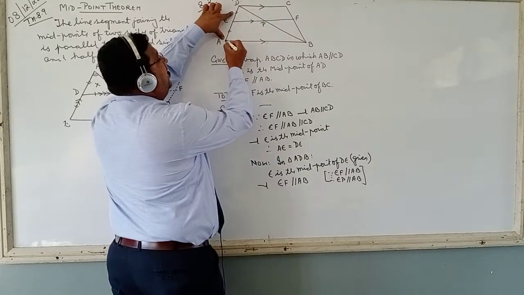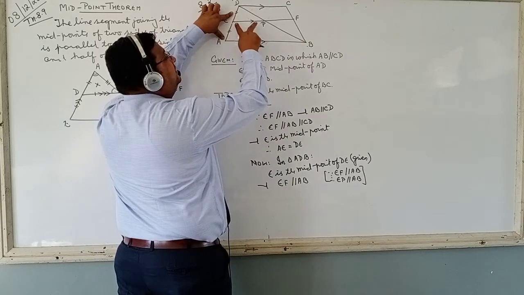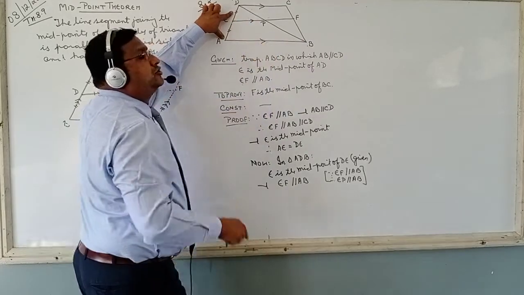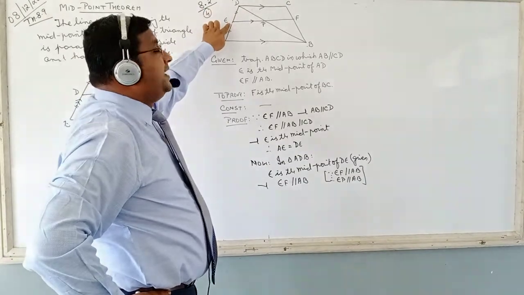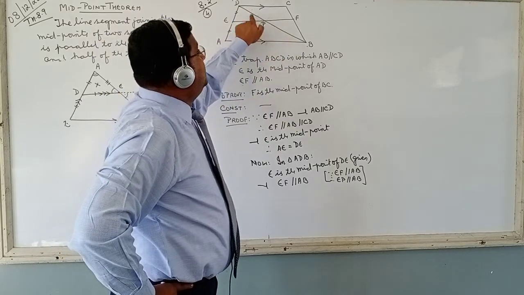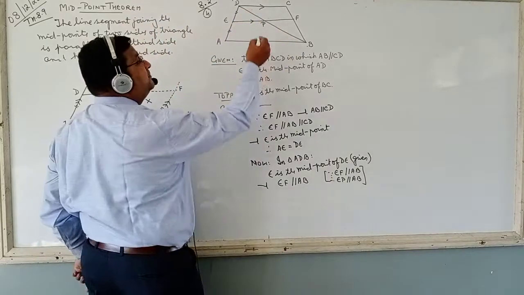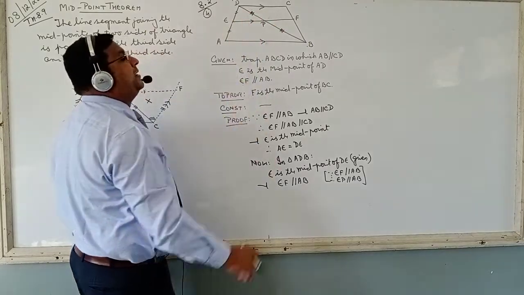So check this triangle ADB. This E is the midpoint of AD. This EP is parallel to AB. So check theorem 8.10. It says a line drawn from the midpoint of one side parallel to another side bisects the third side. It is bisecting this third side. That means P is the midpoint of DB.